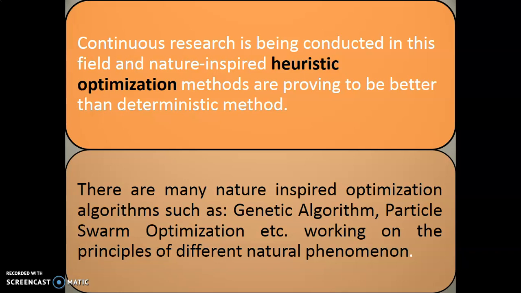So what is the difference between heuristic and meta-heuristic algorithms? You can say that meta-heuristic is an iterative process which guides heuristics to explore the search space efficiently. Basically, heuristics are problem-specific methods, while meta-heuristics are problem-independent methods that can be applied to a wide range of problems.